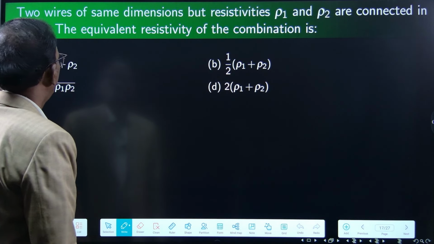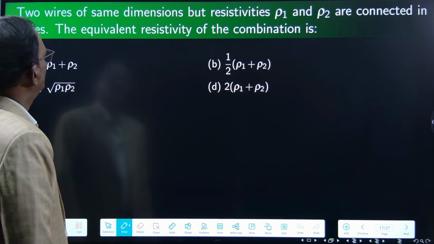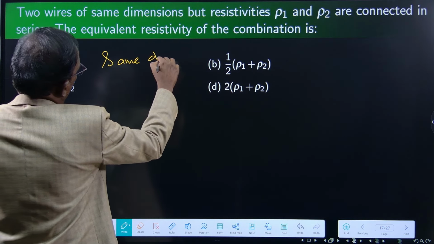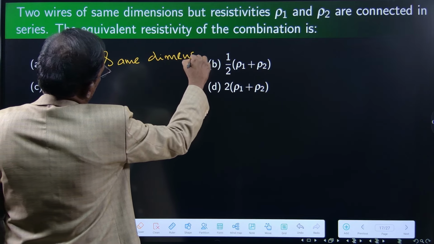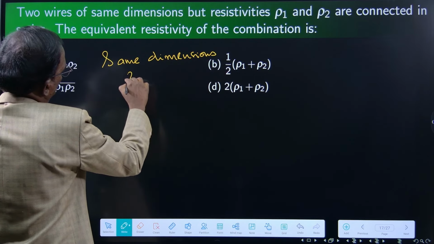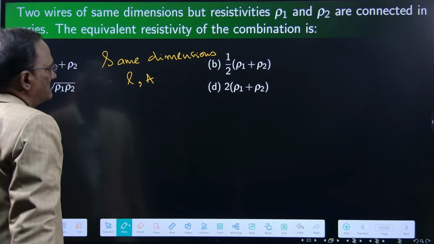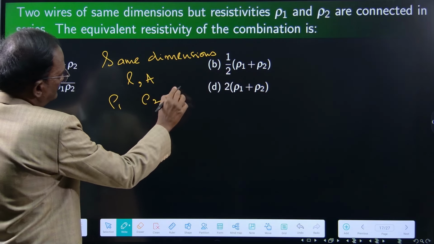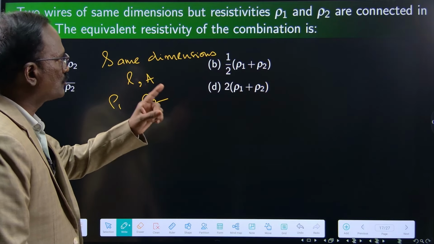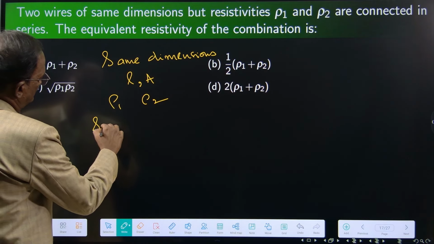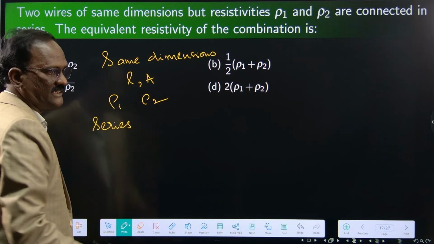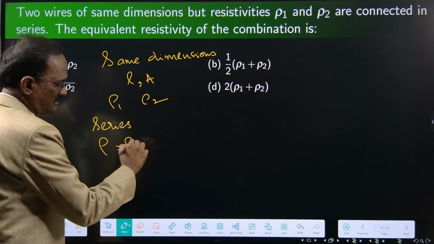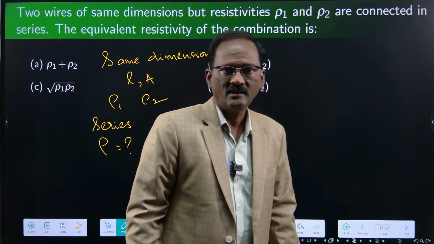Next question. Two wires of the same dimensions. That means L and A are constant. Resistivities are different, rho 1 and rho 2, and they are in series. The connection is in series. The equivalent resistivity rho is equal to what?